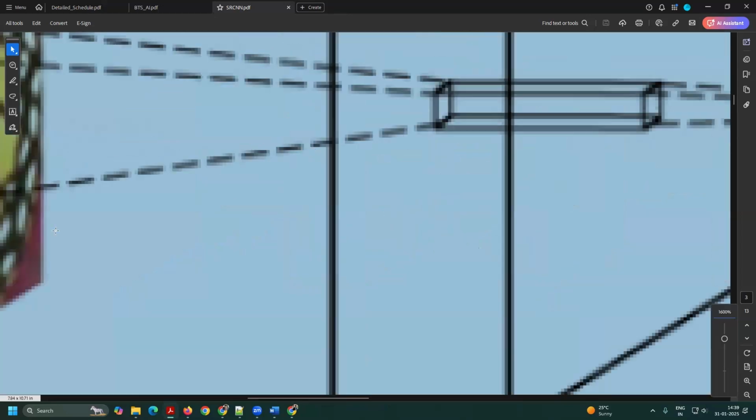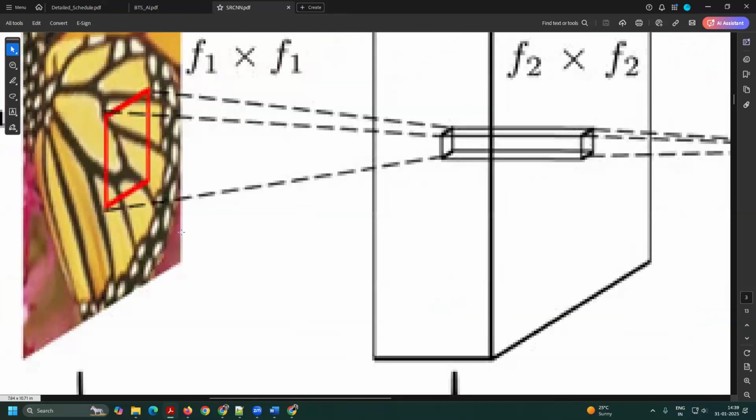What does that mean? When we are zooming in on the image, we can observe all the pixelated information. All these lines on the butterfly are very pixelated, and zooming in on this image does not reflect the actual lines. So for that missing information in terms of pixelated values, any interpolation technique, be it bicubic or nearest neighbor interpolation, may be applied mathematically, not in terms of a deep learning model.